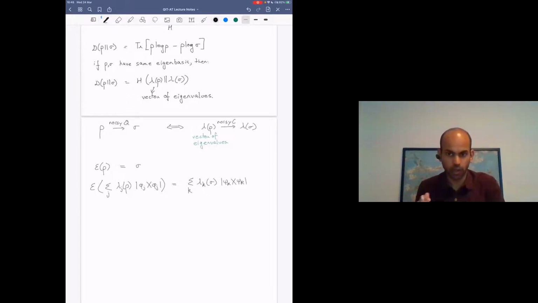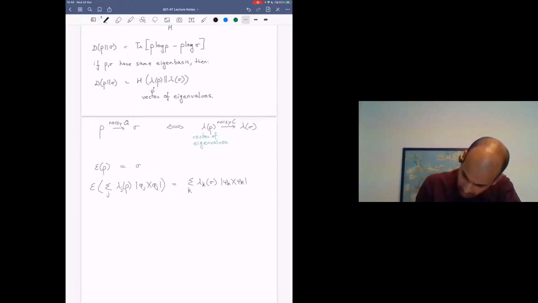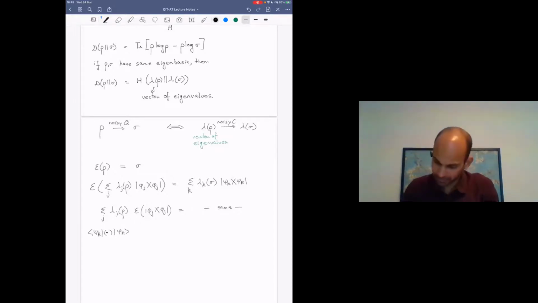Because a noisy operation is a linear map, since it involves unitaries and tracing out, which are all linear operations, I can reshuffle this and get the sum over J of lambda J of rho, with the map simply acting on the state phi J, which is a projector. Then I sandwich both sides in a particular eigenstate of the final state sigma.